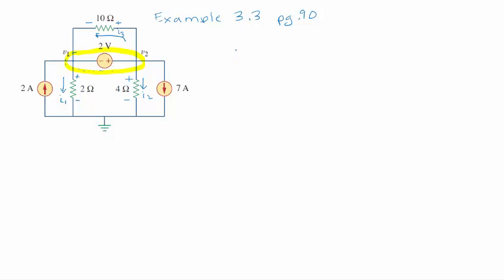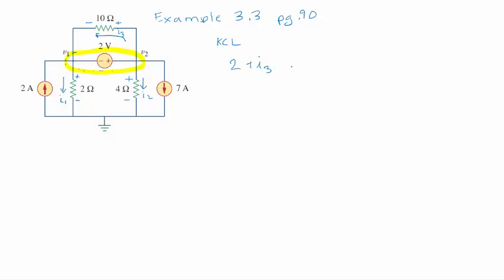Okay, so now this is a supernode. We write Kirchhoff's current law for the supernode. This is an in, this is an out, this is an out. But look, this is an out and this is an in both. But let's write it. 2 amps goes in, and I3 goes into the node, into the supernode actually.